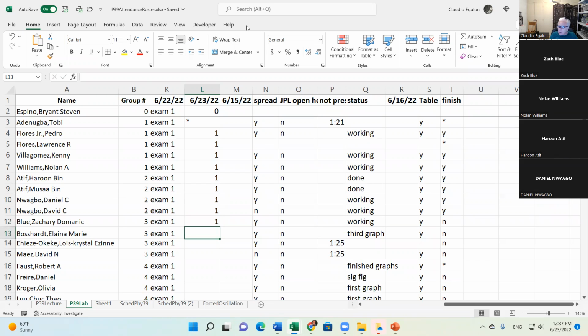Elena Boshard. Good. Luis Cristo, what happened to Cristo? I'm here. Oh, you're there, okay, good. David, is that Maes, right? David, are you there? Okay, I don't hear you, Dave. I'm going to put a star here. Robert Faust. Daniel Frady. Here.